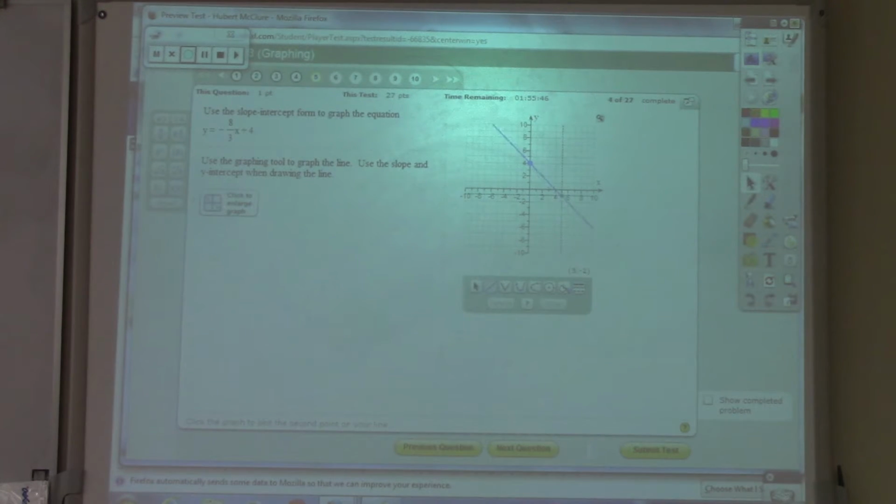Now, 8 vertical. So 1, 2, 3, 4, 5, 6, 7, 8. And positive what? 3. 1, 2, 3. Positive 3. I'm looking to make sure. There it is.